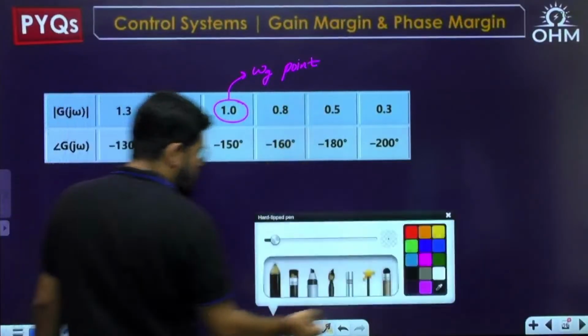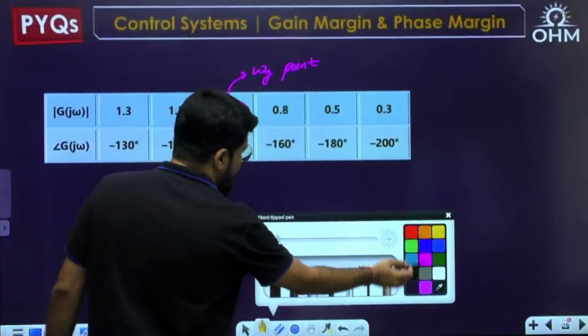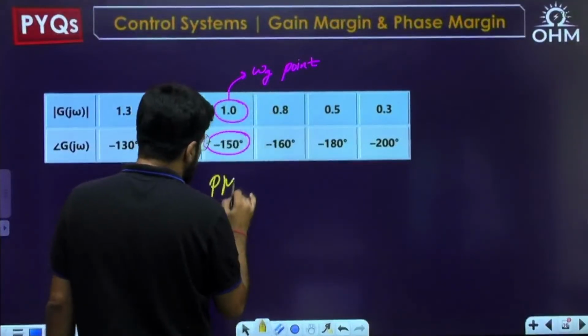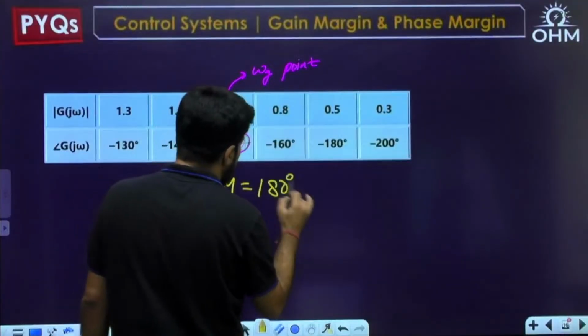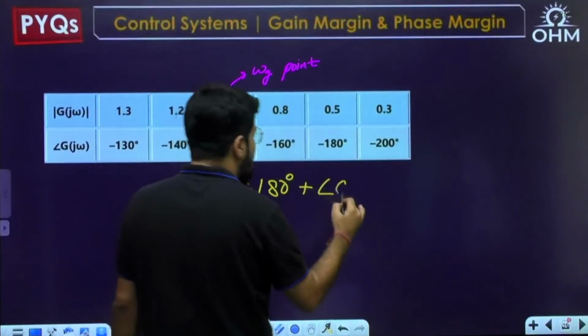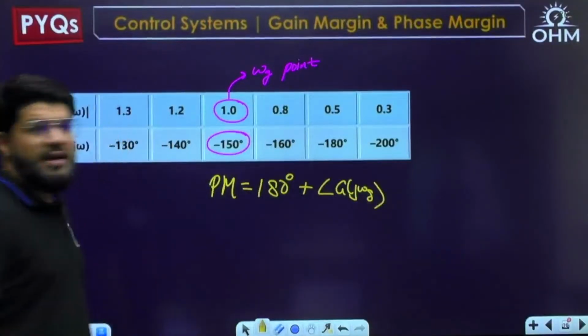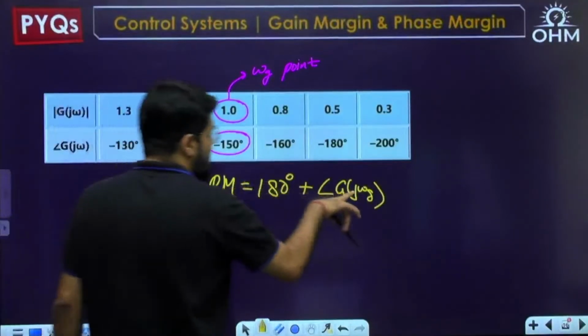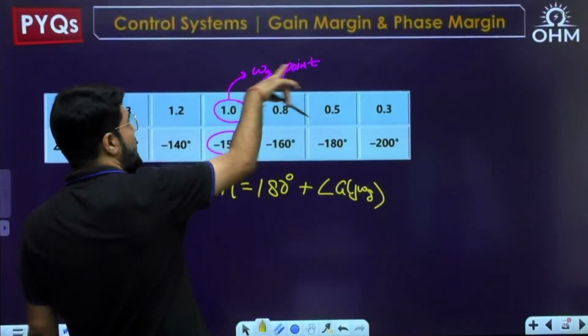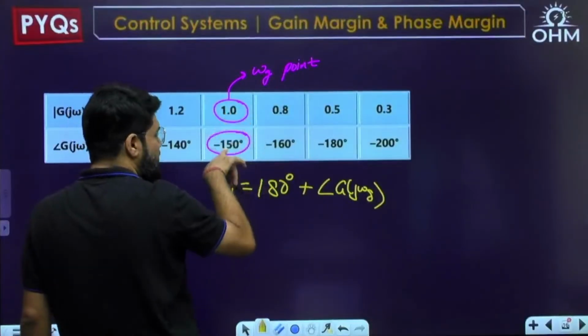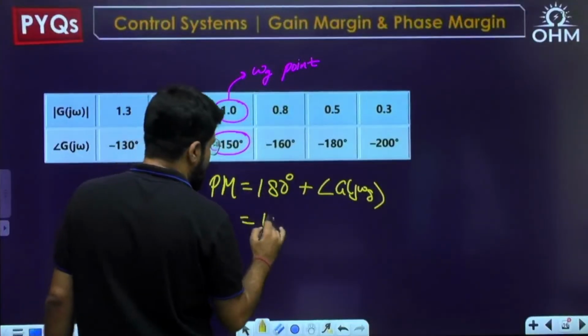Now what is the phase margin? This phase will be important. As I told you, phase margin is 180 degrees plus the angle of G(j omega g) H(j omega g), here it is only G. So 180 degrees plus the angle at omega g. This is the omega g point. The value of omega g I don't know, but I know the phase here is minus 150 degrees.